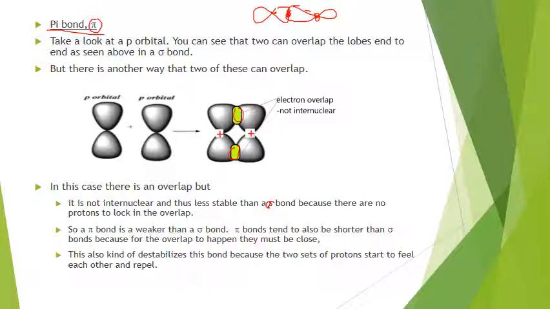The other thing is that because these two nuclei are kind of close together, they will actually start to push away each other, and this bond could start to fall apart much more easily than the sigma bond. And we're going to see other reasons why this bond will fall apart as well, and most of it has to do with the lack of interaction between the protons.